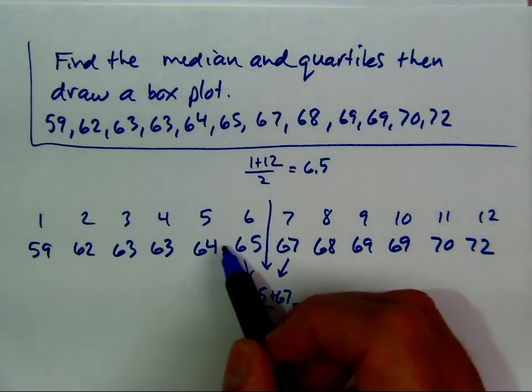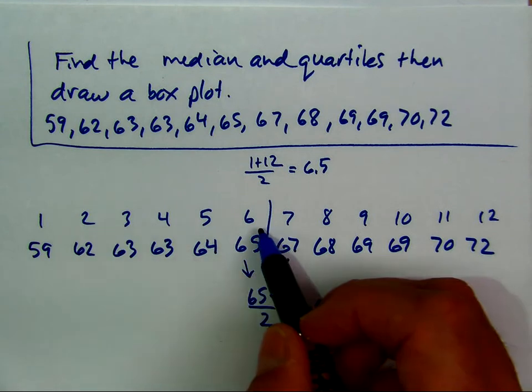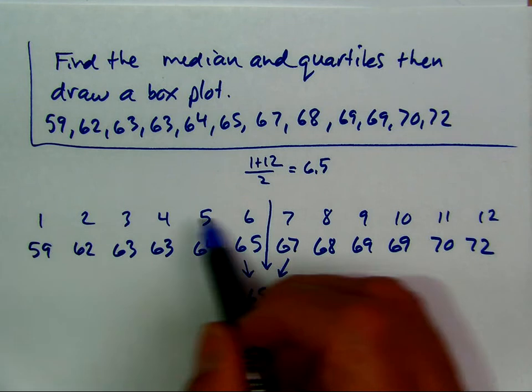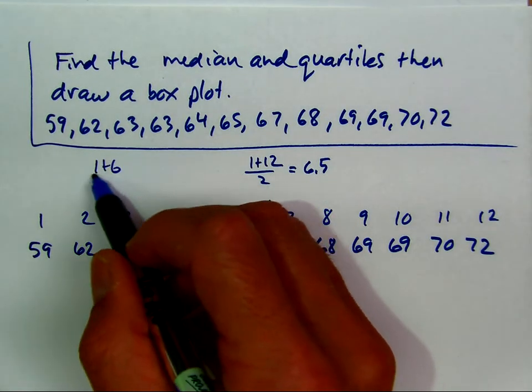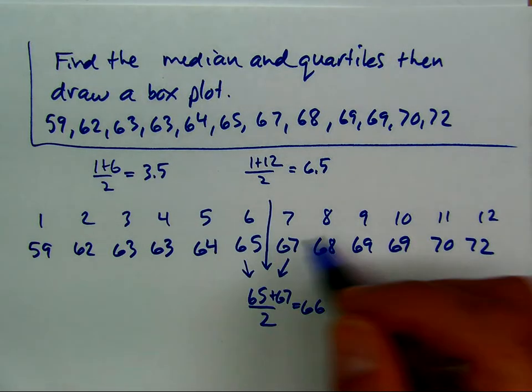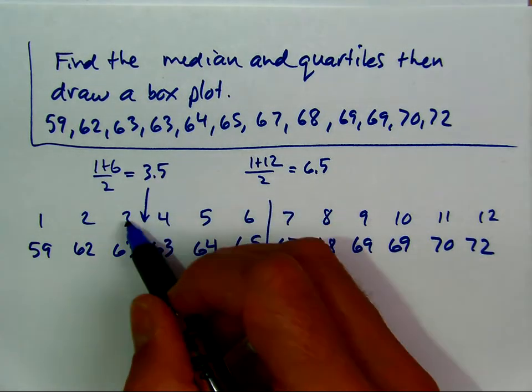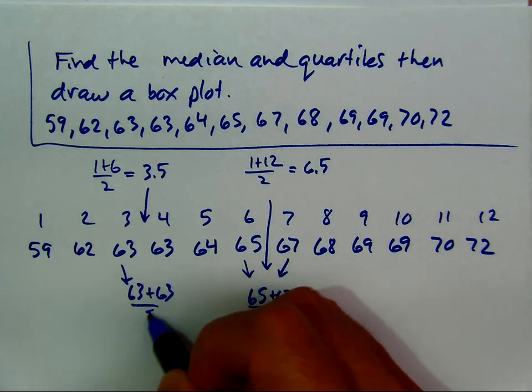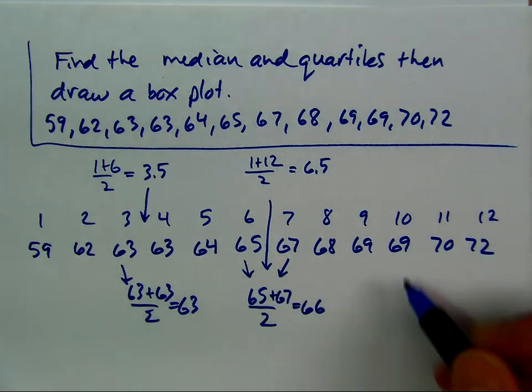So we can see, just because there's only 6 numbers, that it's going to be between 3 and 4, but we can also do 1 plus 6 divided by 2, 3.5. That tells us it's between 3 and 4, so we take the mean of the third and the fourth, and that's just going to be 63.